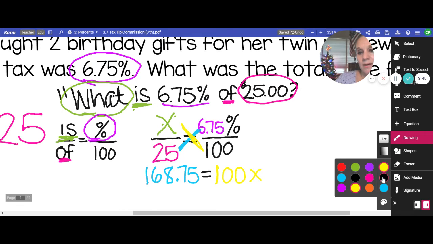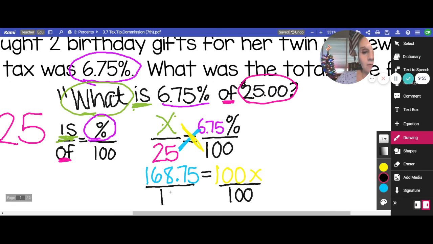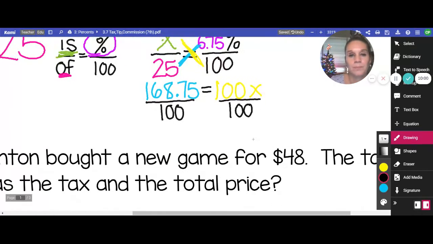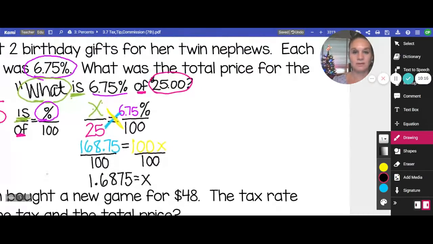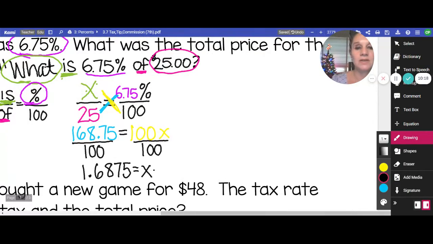And X is being multiplied by 100, and I want to get that by itself, so I'm going to divide both sides by 100. Which is going to leave me with 1.6875 is equal to X. But because X is actually a dollar amount, a cost, money that we're spending, we would need to round this to 2 decimal places.